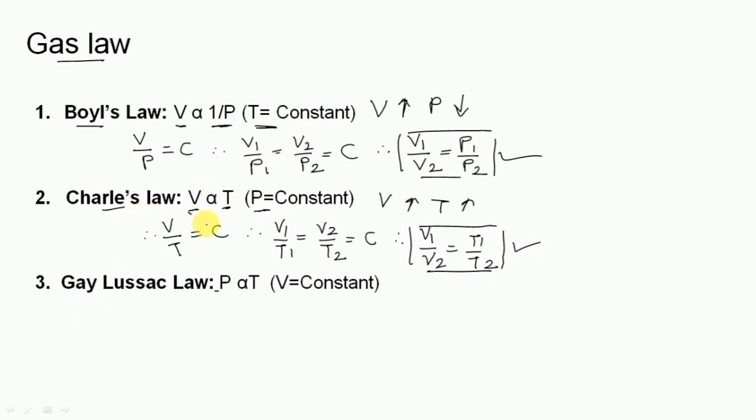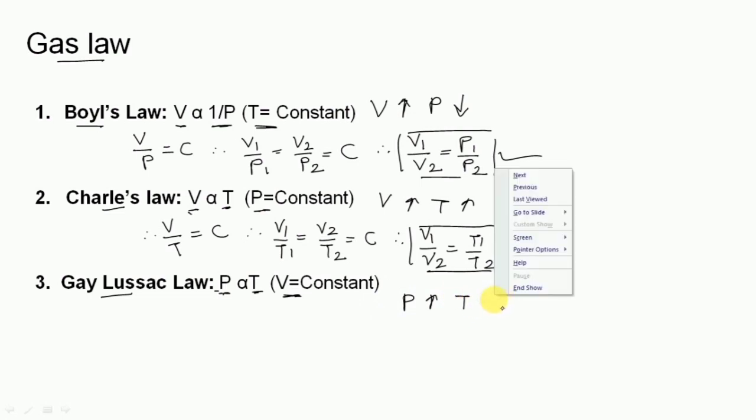Third one is Gay-Lussac's law. Gay-Lussac says that pressure is directly proportional to temperature at constant volume. So if we increase the pressure, the temperature of the gas is also increased when the volume is constant.